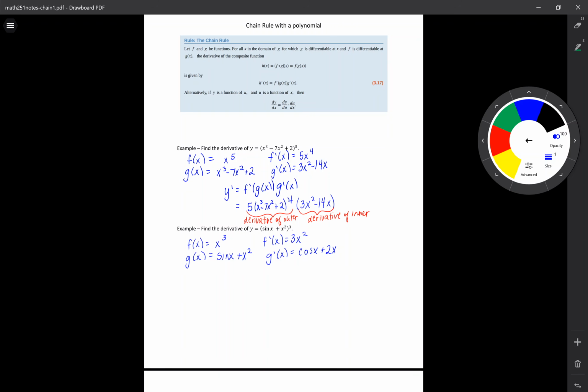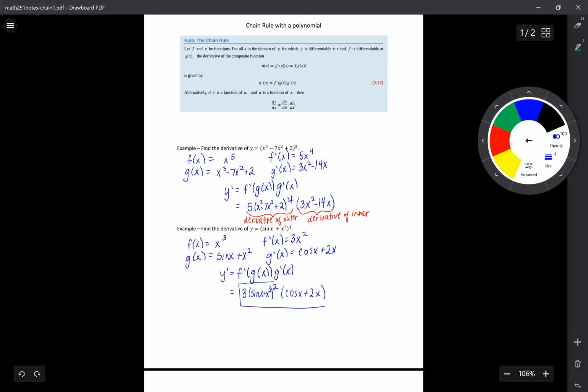And now we can plug into the chain rule. So y prime is equal to f prime of g of x times g prime of x. F prime here is 3x squared, but I replace this x with g of x, so that's sine x plus x squared, all of this squared, times g prime, which is cosine x plus 2x.